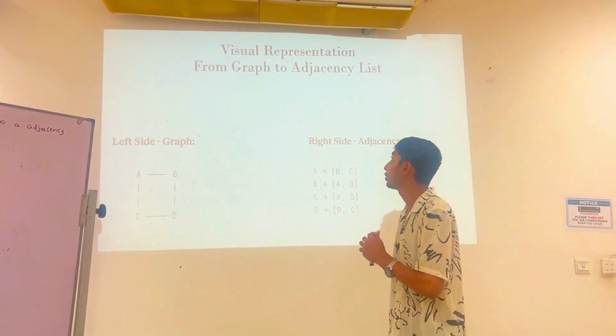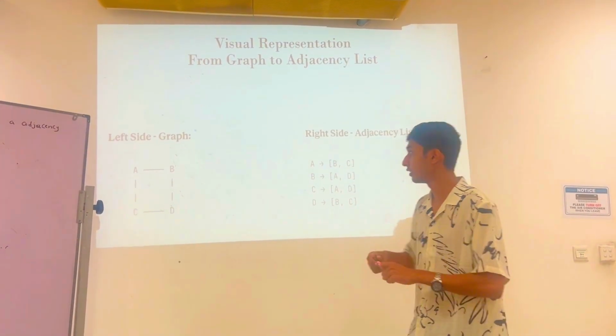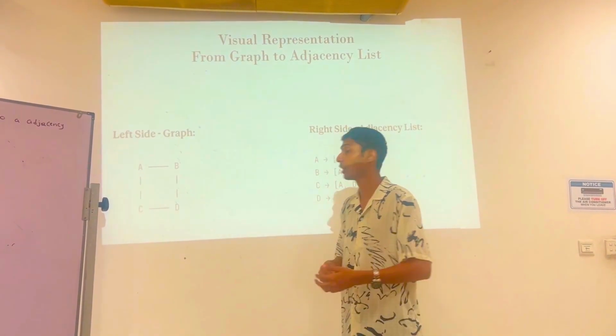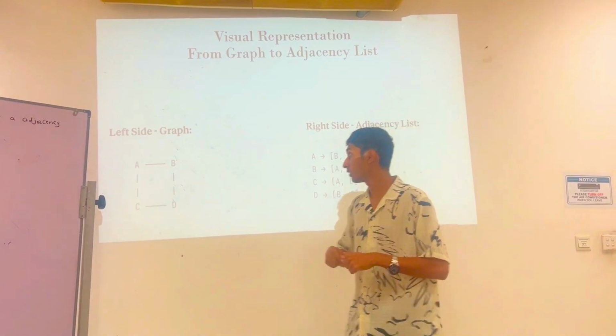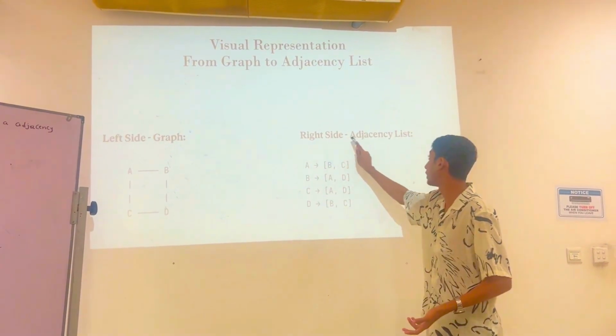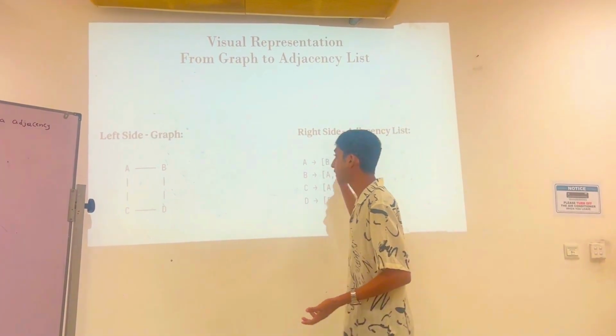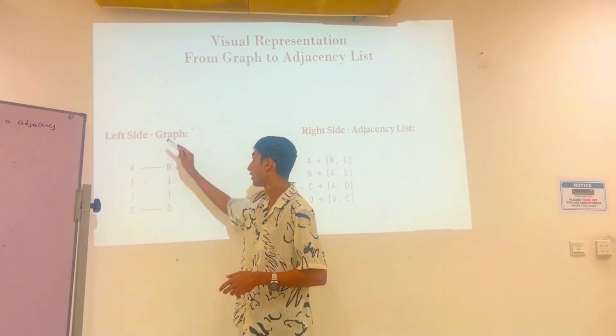Now let's get into the visual representation from graph to adjacency list. On the left side we have an undirected graph with vertices A, B, C, D, and on the right side we have the adjacency list. Before the right side, let's understand the left side graph.